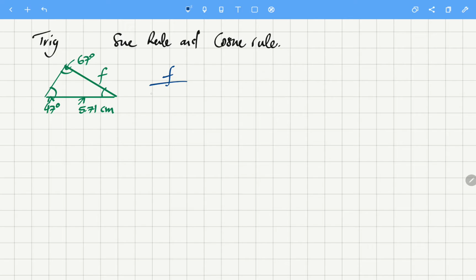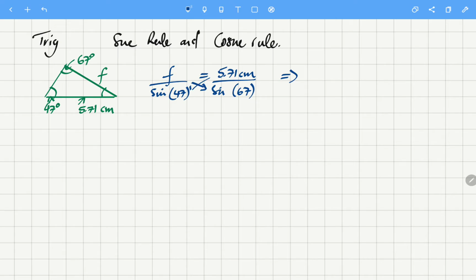So f over sine 47 equals 5.71 centimeters over sine 67, or sin 67, depending where you come from. What we'll do next is cross multiply.